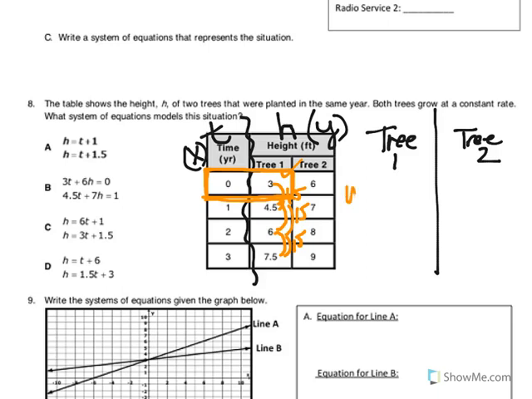So we would say, not y, in this one, h equals 1.5t plus 3. Because we're using our slope, or the rate of change, which is 1.5, and the y-intercept, which is 3. Okay, now let's do the second tree.